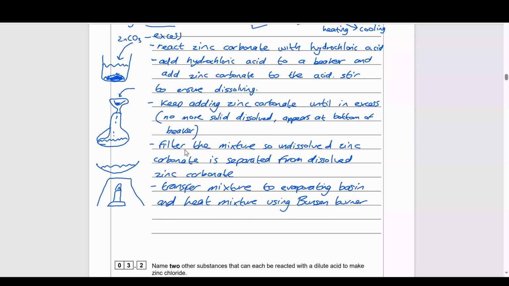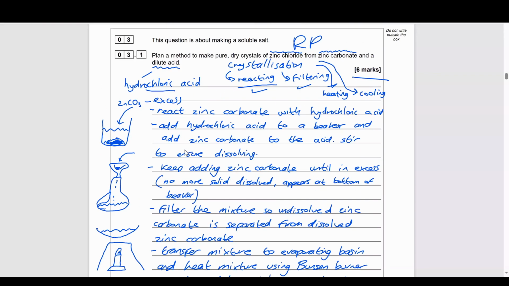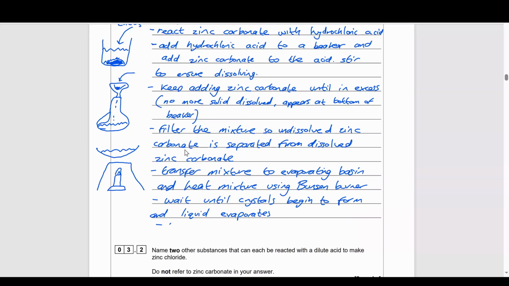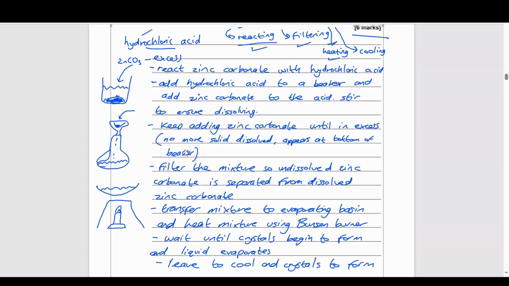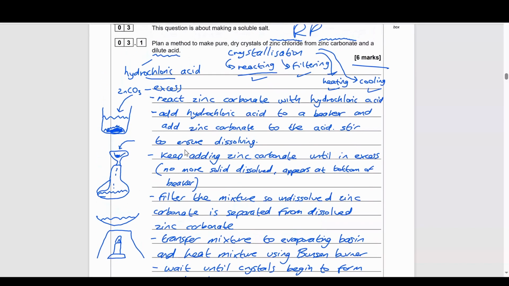We're going to wait until crystals begin to form and liquid evaporates. And then, with the heating described, the only thing left to do is to let it cool and the crystals to form. And there's our method describing how we perform this crystallization process.